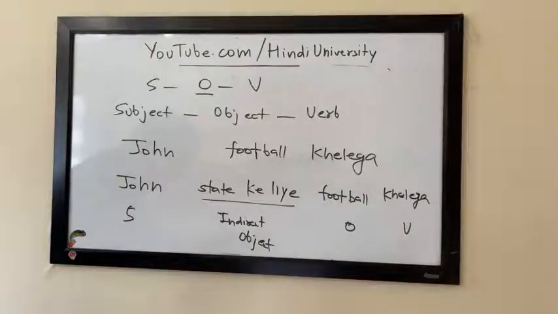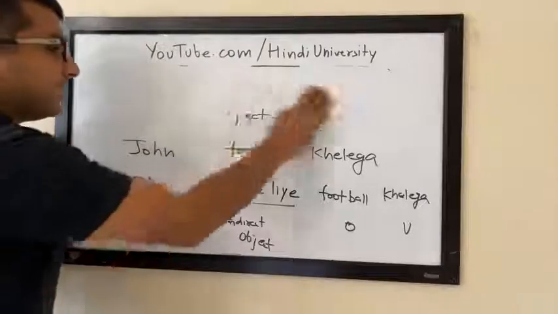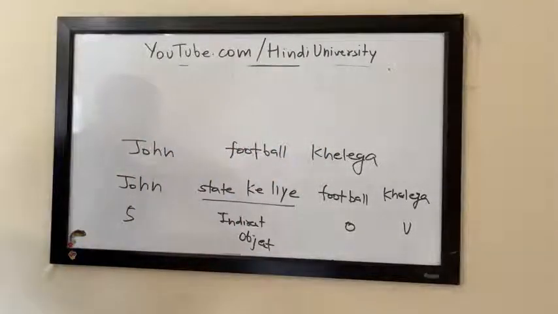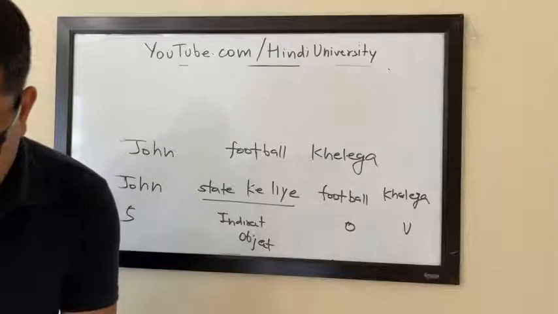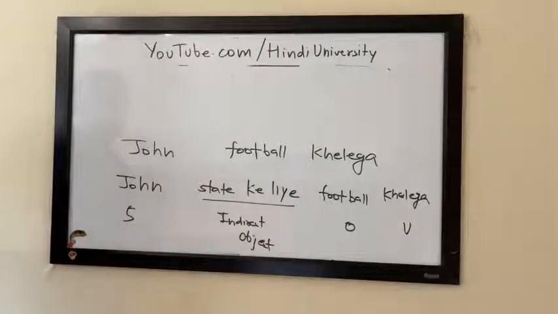Then comes, let's say you want to say, next year John will play football for the state. How will you say that? Dhanraj, good to have you. How will you say that? John will play football for the state next year.